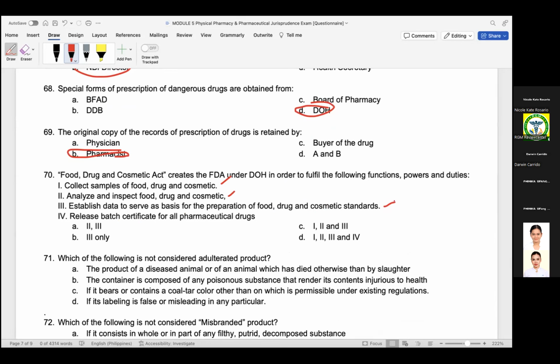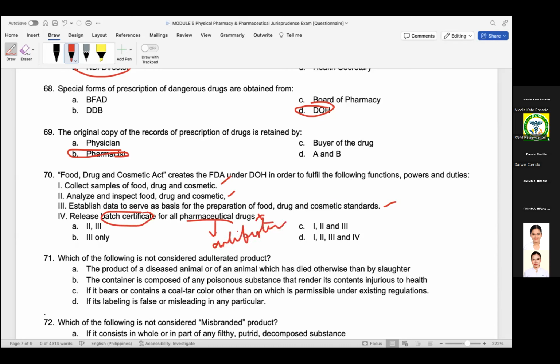That is also true. 4. Release batch certificate for all pharmaceutical drugs. That is false. Kasi antibiotics lang ang ginagawa nila ng batch certificate release. Okay, again, antibiotics lang. So therefore, the correct answer here is 1, 2, and 3. Letter C.